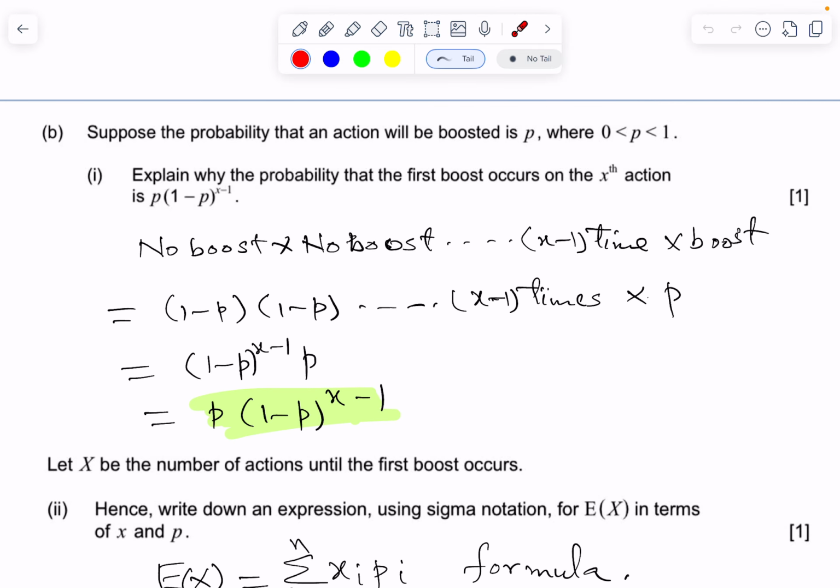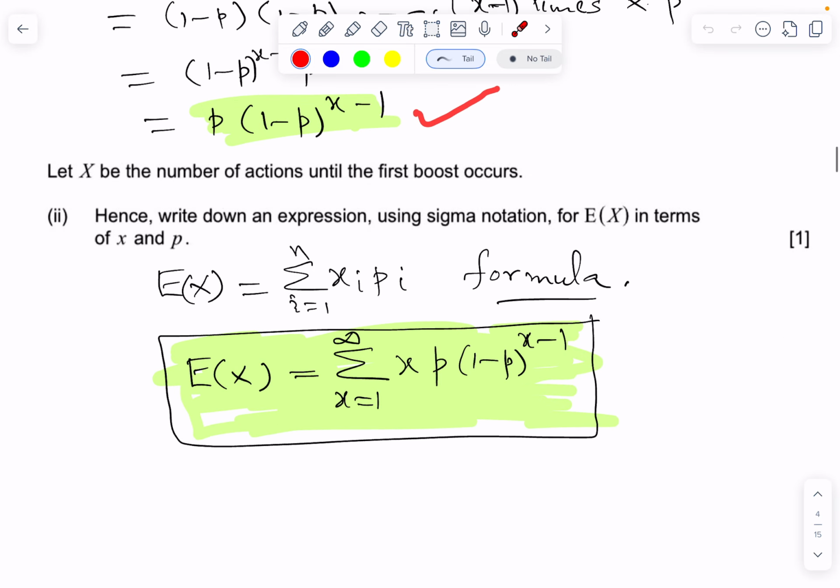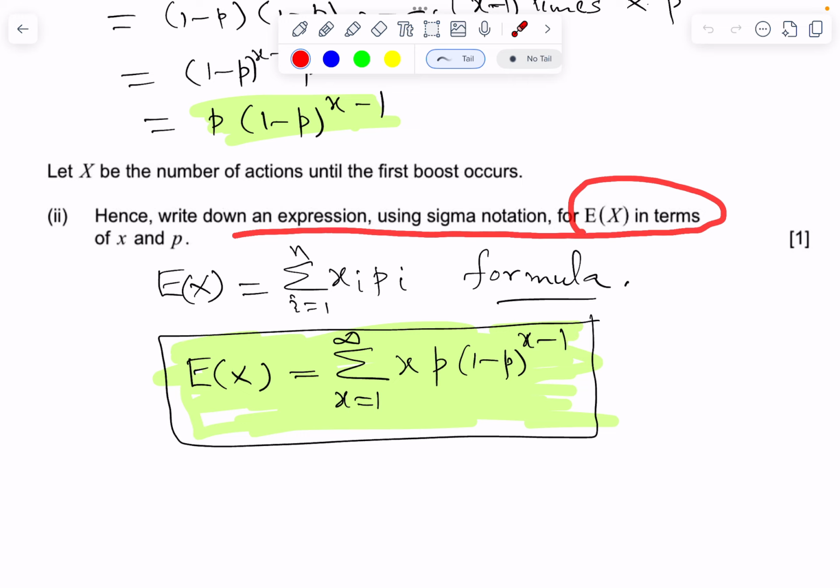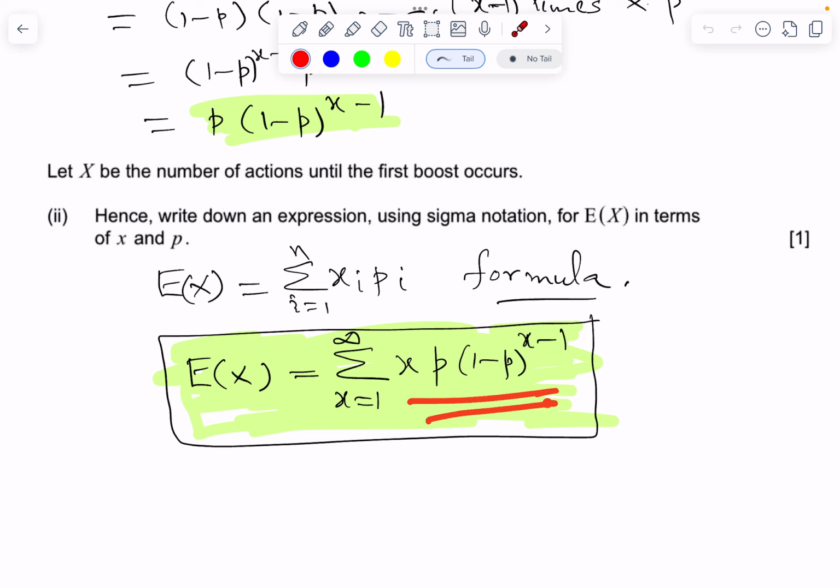Part B said, explain why the probability that the first boost occurs on the xth attempt is this, and hence write down an expression in sigma notation for E of x. We wrote that xi pi is E of x, where x is the number of attempts, p is the probability of success, and 1 minus p is the probability of failure. So we got this answer.